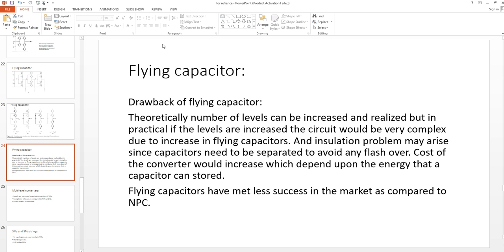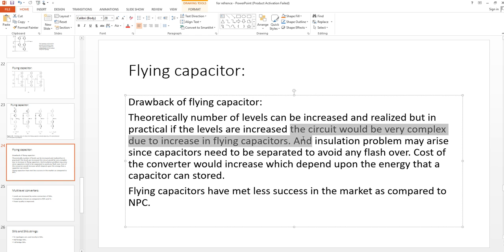Okay, there are some drawbacks of the flying capacitor. It says that theoretically the number of levels can be increased and realized, but in practice, if the levels are increased, the circuit would be very complex due to the increase in flying capacitors.